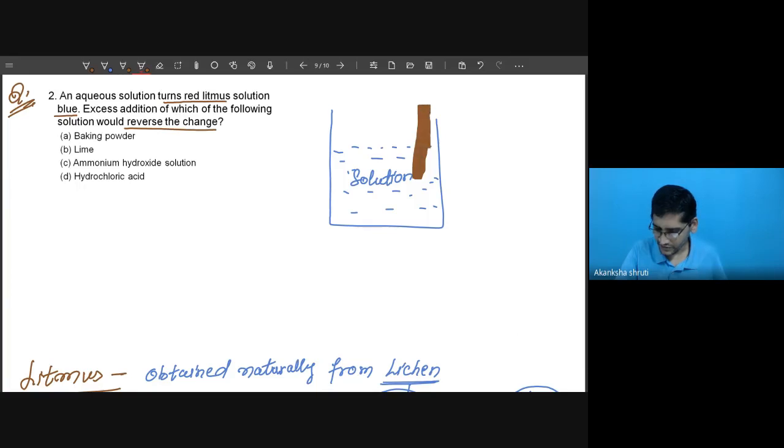Okay, students. Now what I observed was that the portion which is dipped inside this solution turns blue.